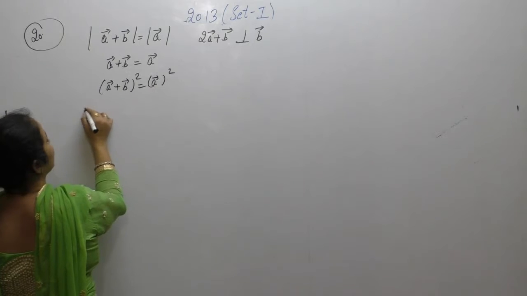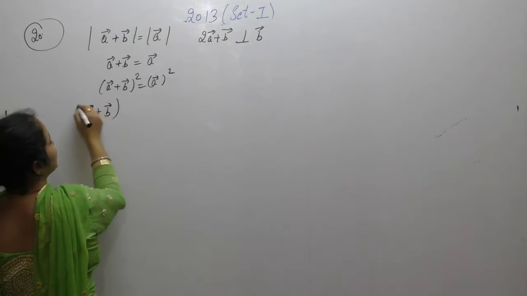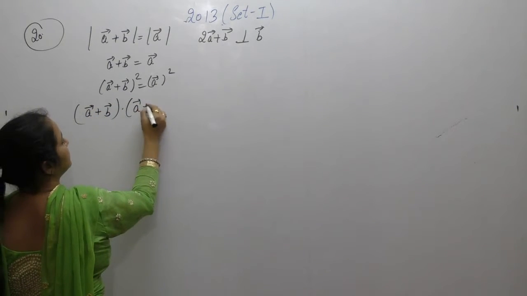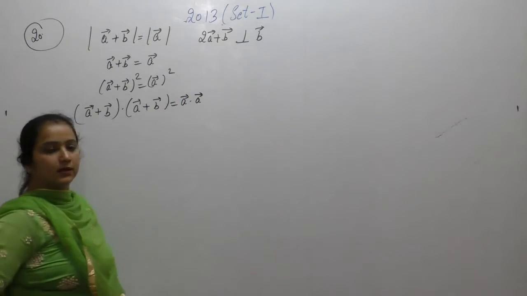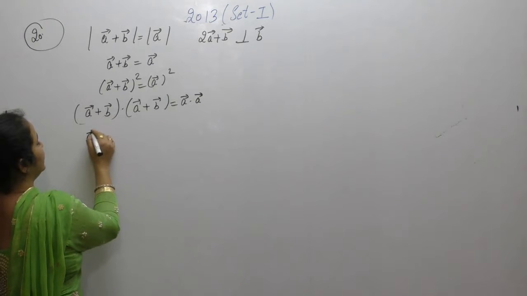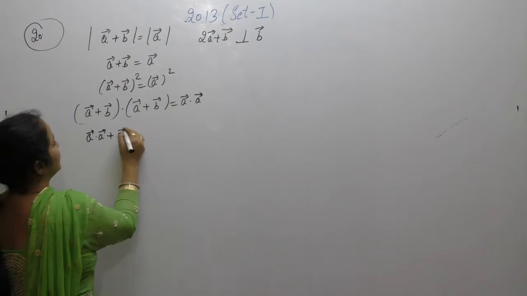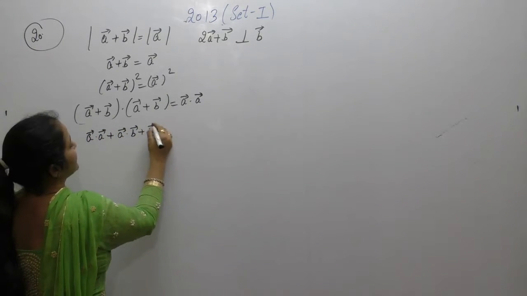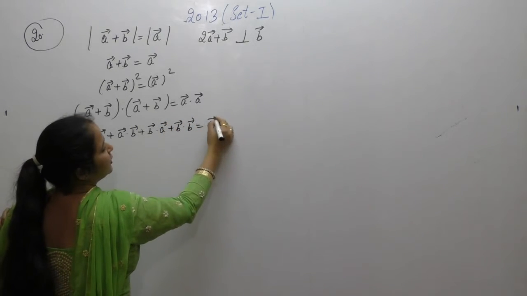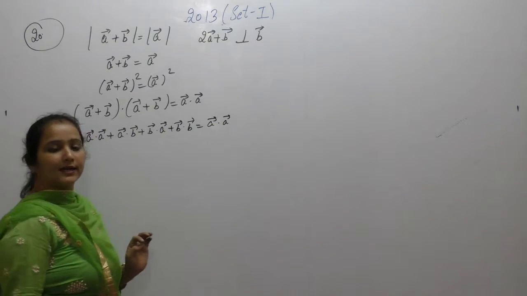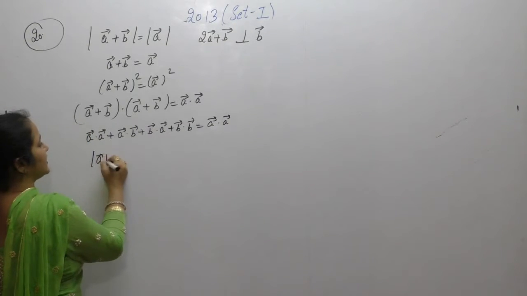We can write the square as the dot product of these vectors, which is A plus B dot A plus B. Now A dot A plus A dot B plus B dot A plus B dot B. We know that A dot A is magnitude of A square.